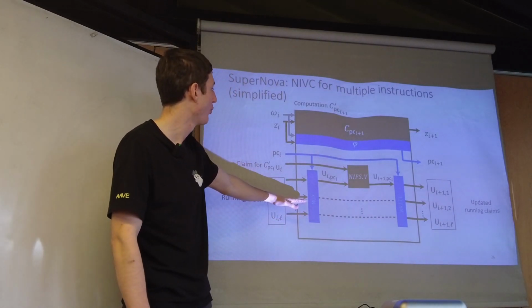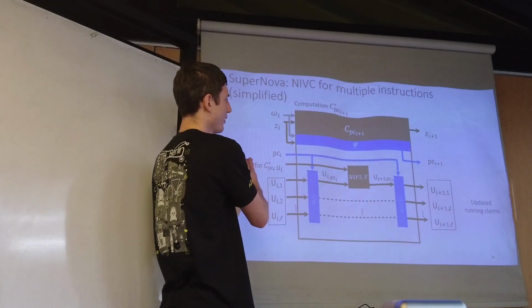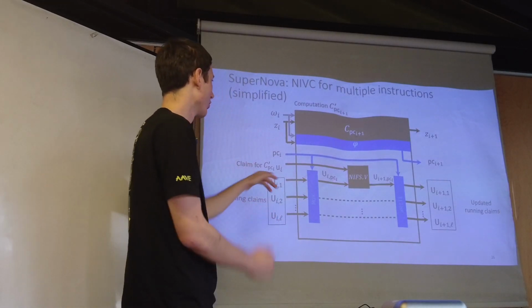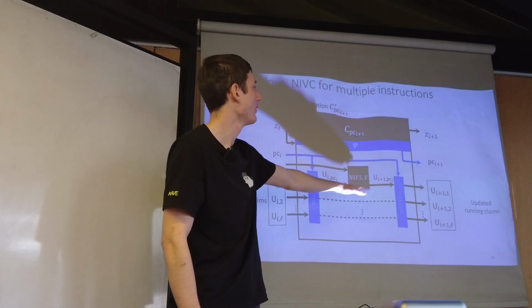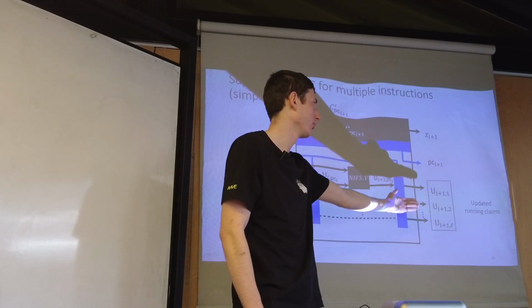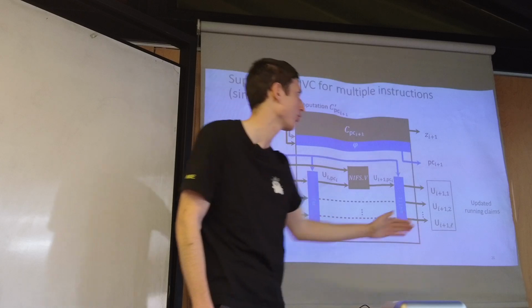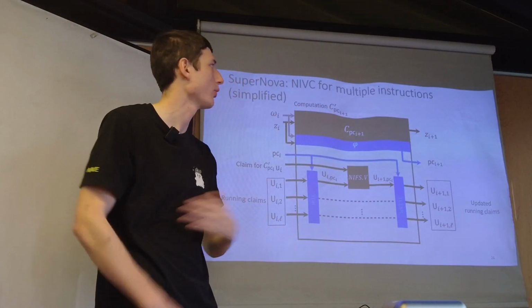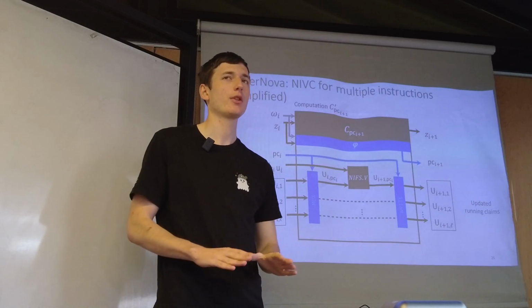We are going to fold the previous instance and verify that it has been done correctly using this also. And then we get an updated running claim with, again, all of the instructions that we can use for the next steps. Are there any questions here?